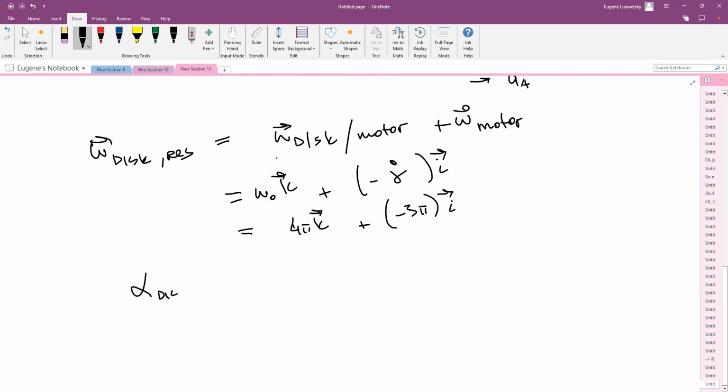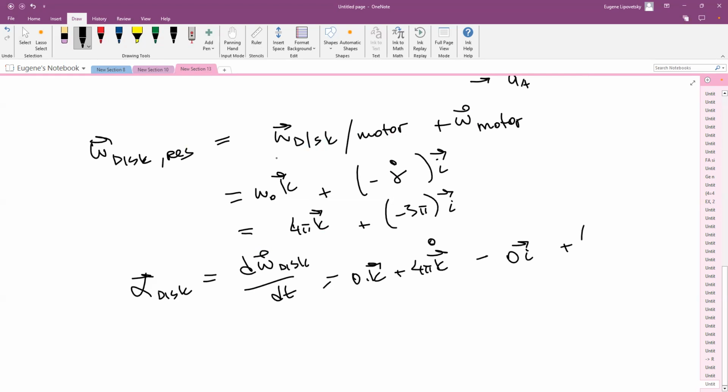Alpha of the disk equals d omega of the disk over dt. That's going to be two pieces. First, this is constant, so it's going to be 0 times k plus 4 pi times k dot. This one will be 0 times I plus minus 3 pi times I dot.